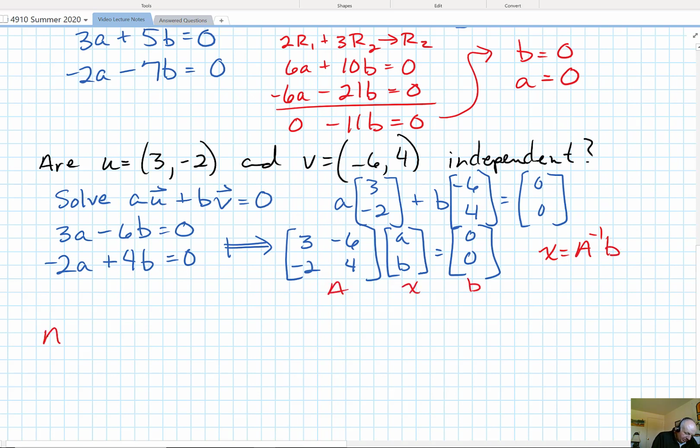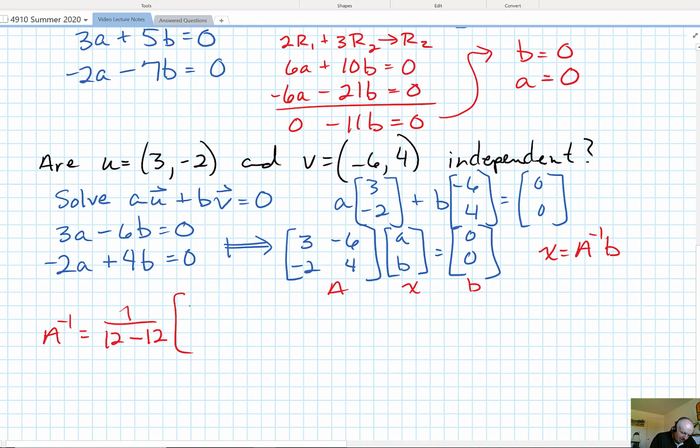So what is the inverse of A? Well, 1 over AD minus BC. Since A is a 2 by 2, AD is 12, and minus 2 times minus 6 is positive 12. So 12 minus 12.